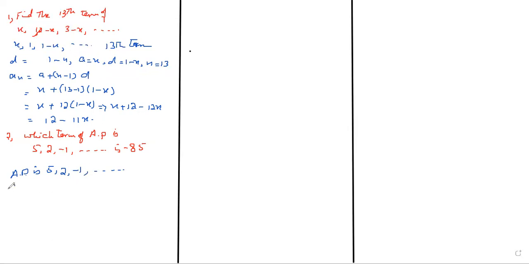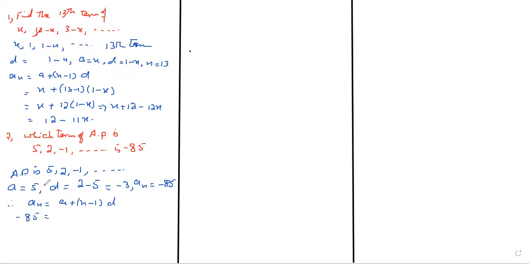Now a equals to 5 and d equals to 2 minus 5 equals to minus 3. And an equals to minus 85. So therefore, we know an equals to a plus n minus 1 times d. This is equals to minus 85.